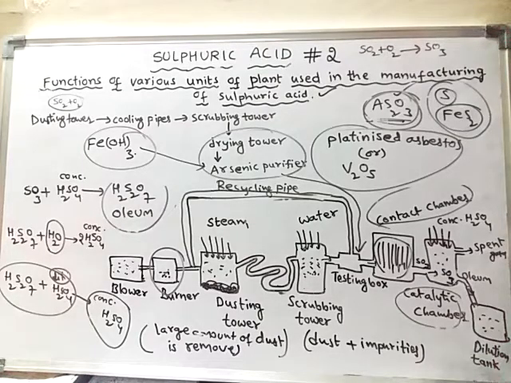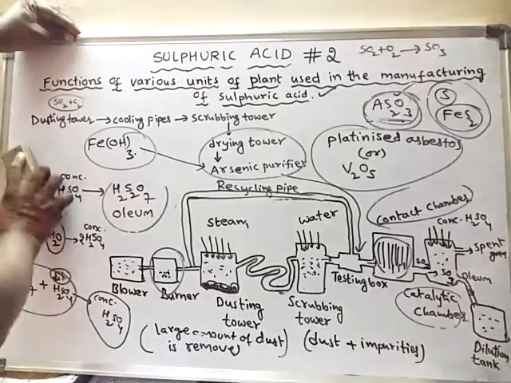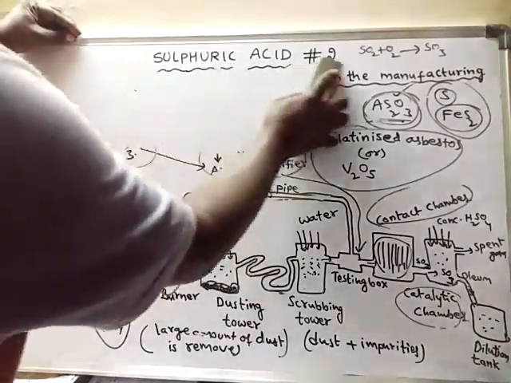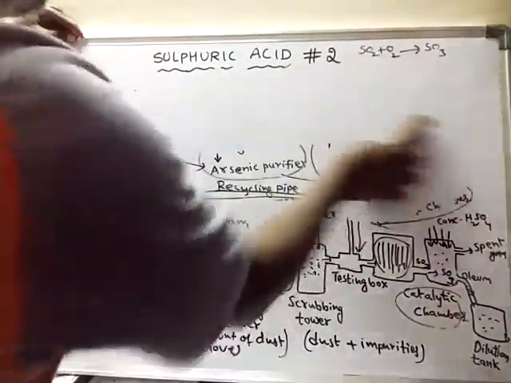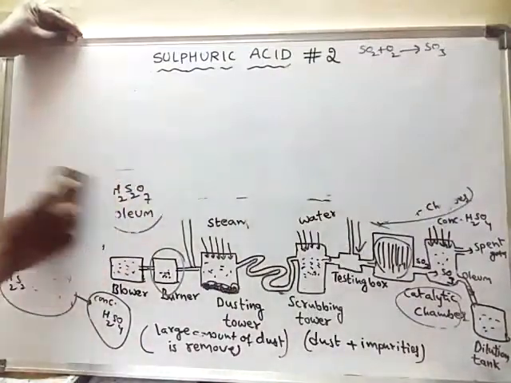Right. Next, we will learn about the properties of sulfuric acid: physical properties and chemical properties.